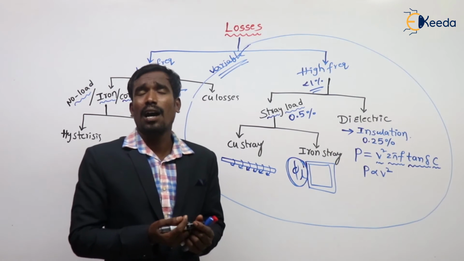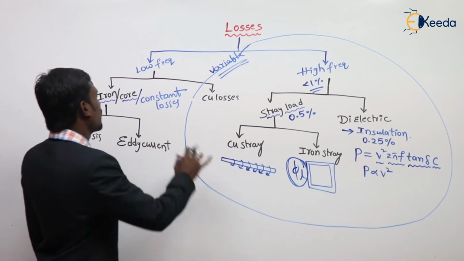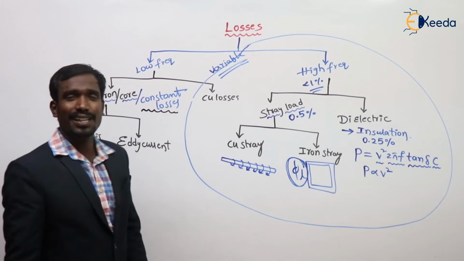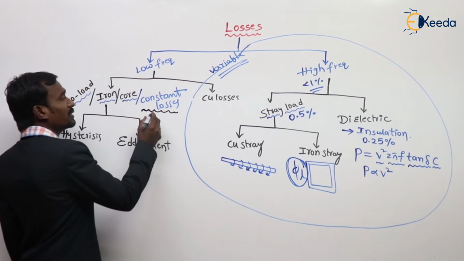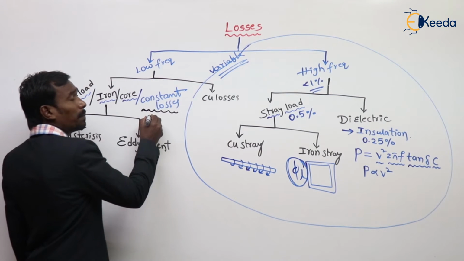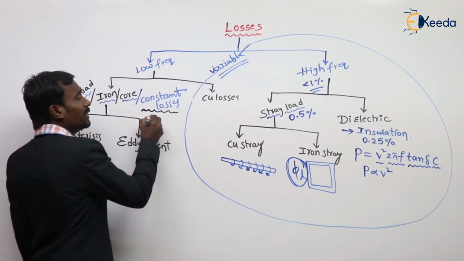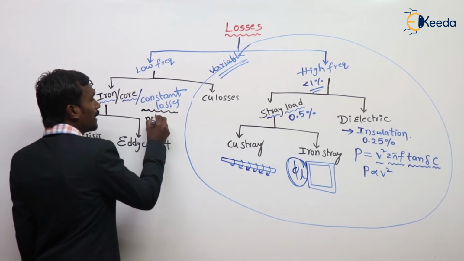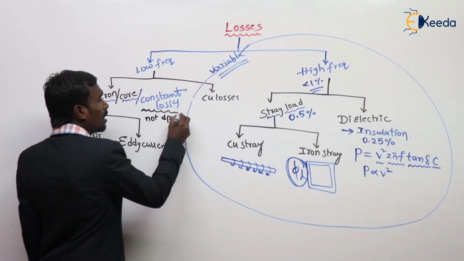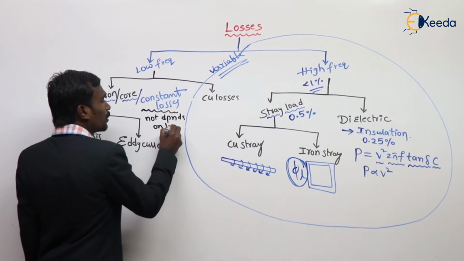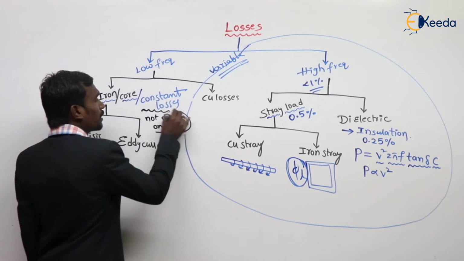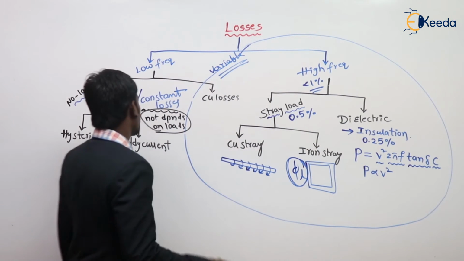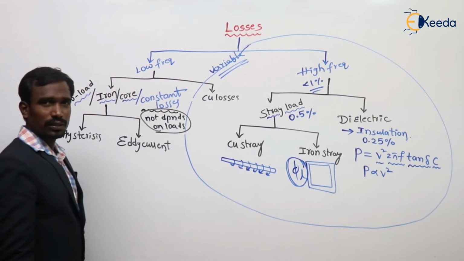Even if load is there or load is absent, these losses will exist. That's why these are called constant losses.